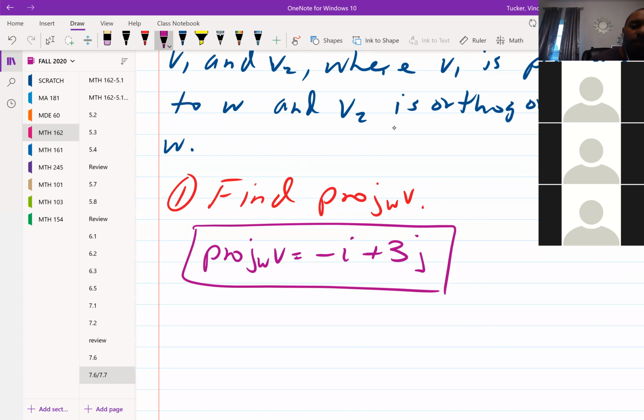So that's the first step of this, to find that. If I'm not mistaken, that is v1. Yep. All right, so that is v1 for us.